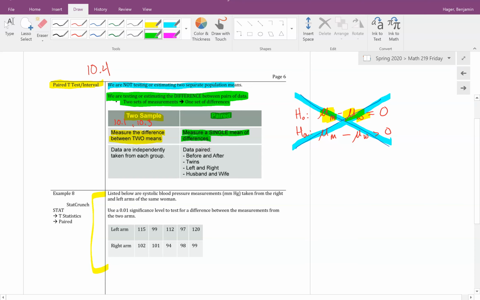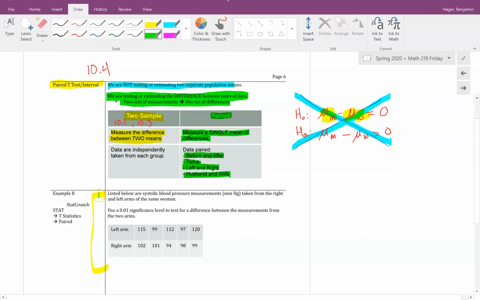And so this could be used to determine if there's a difference in some sort of experiment, like before or after some treatment. Or maybe there's a difference in twins, okay? Or there's a difference between left and right, or husband and wife. Basically, data values that make sense to pair together, okay?